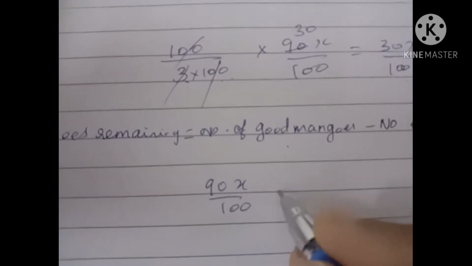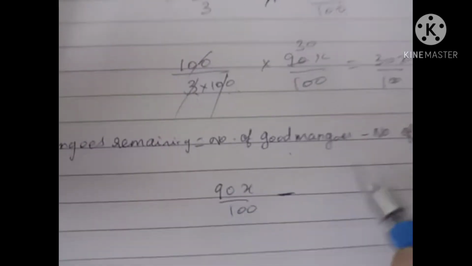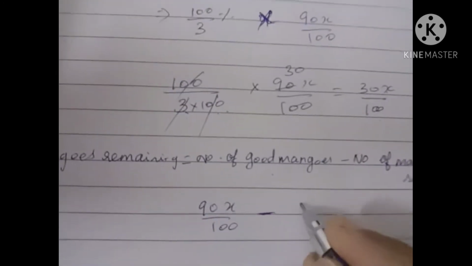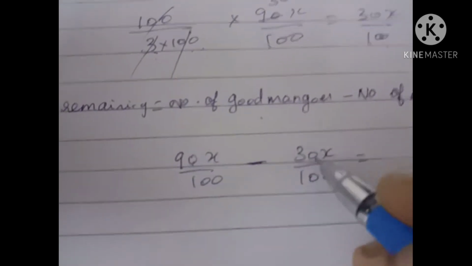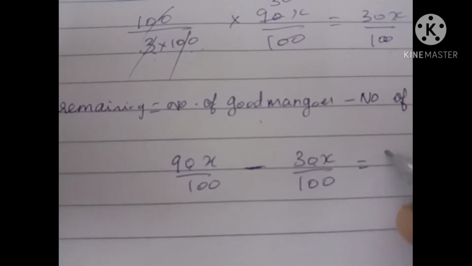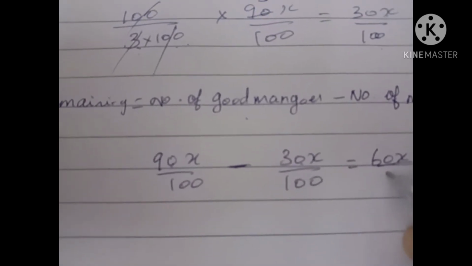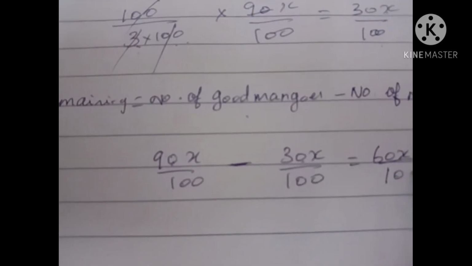So the number of good mangoes is 90X by 100, minus the number of mangoes sold, which is 30X by 100, which is equal to 90 minus 30, is 60X by 100.